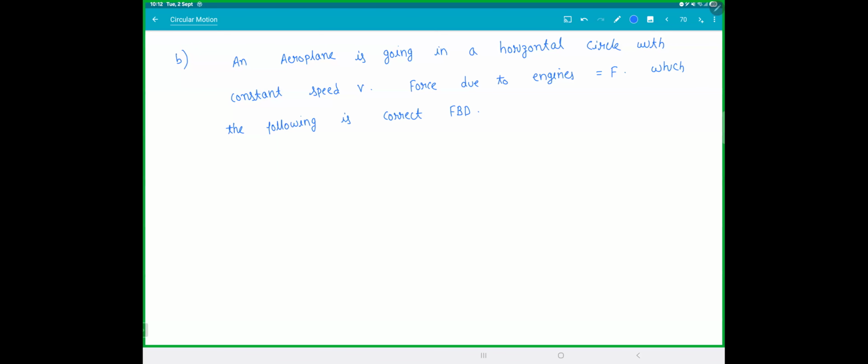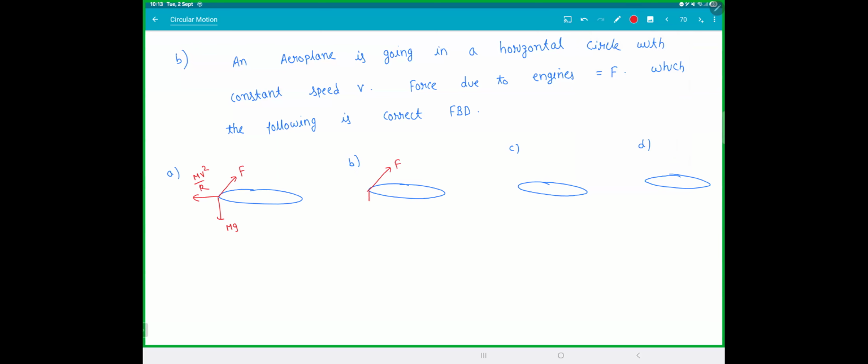So options should be something of this sort. What do you guys think?